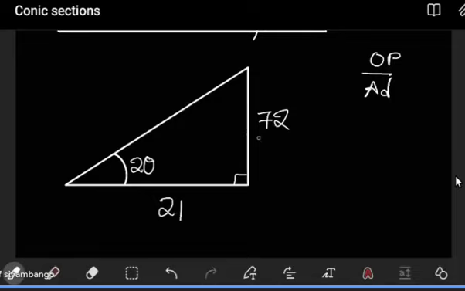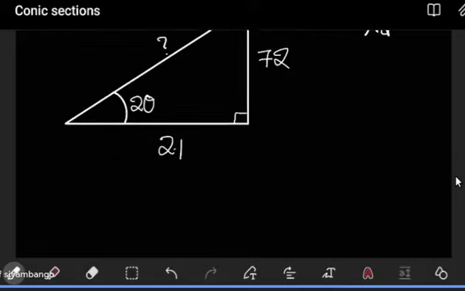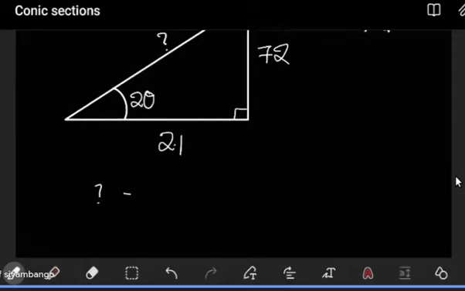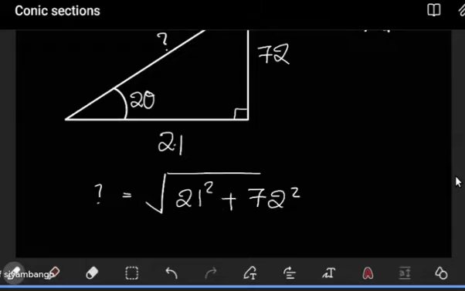Based on that, you can then use these two sides to figure out what the hypotenuse is going to be. The hypotenuse is equal to the square root of 21 squared plus 72 squared by Pythagoras theorem. Of course, these are big values. In most cases where you have to do this in a test or in an exam, you will be dealing with small values so that it is easy for you to evaluate their squares. So don't mind those big values.